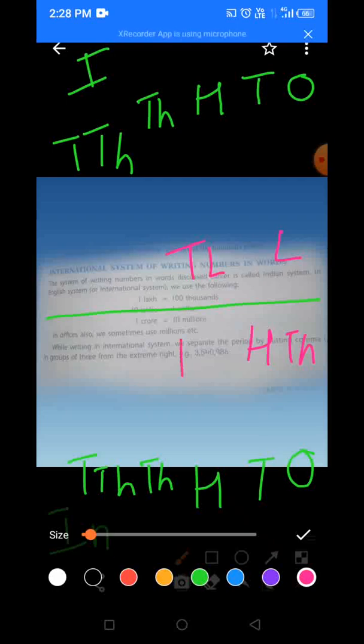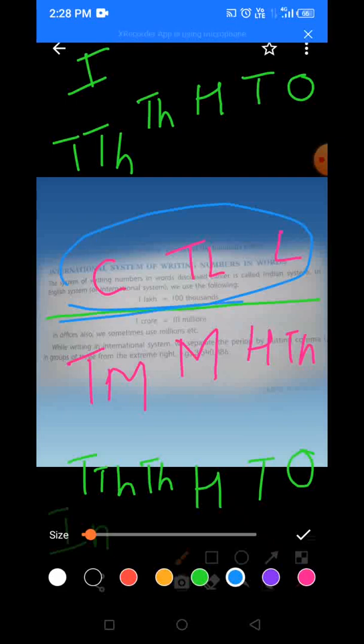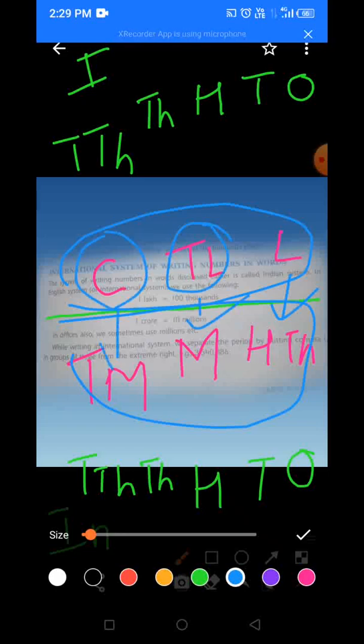Then here it will come million, and for crore it will come 10 million. Okay, this is how the international system and the Indian system differ. Only here lakhs become 100,000, 10 lakhs become million, crore becomes 10 million.